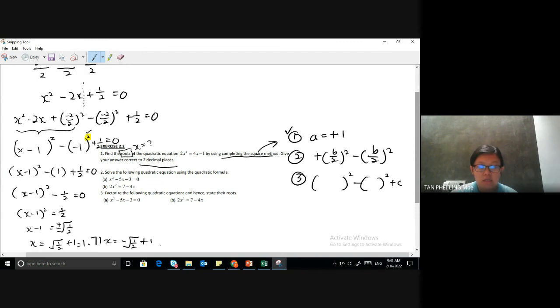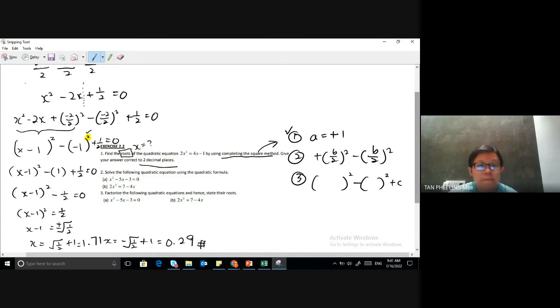Then the other one is negative square root 0.5 and then plus 1. So I get 0.292, right? But they want 2 decimal places only, so 0.29. Is that okay? So you get 2 answers. Clear, right?